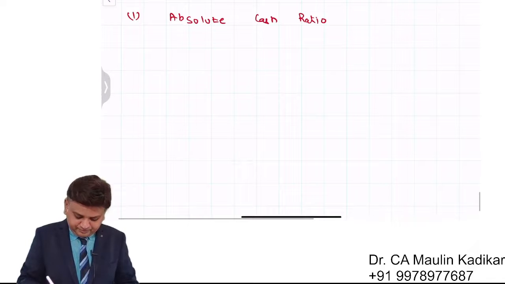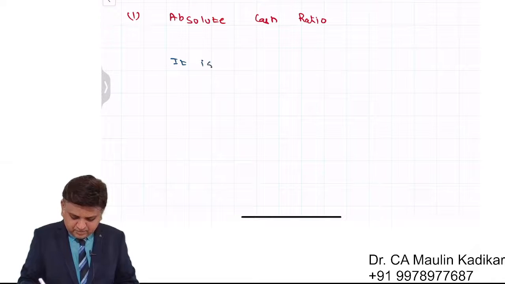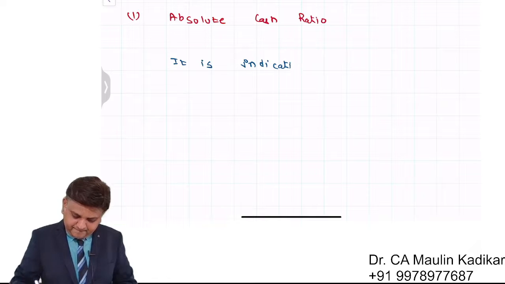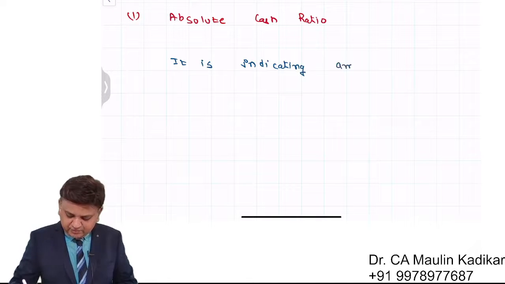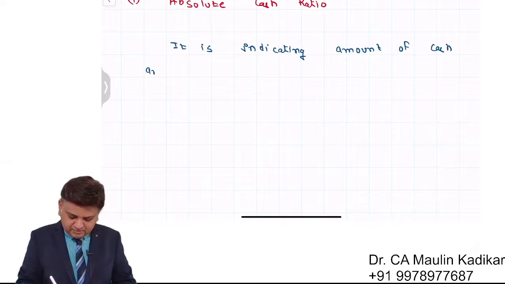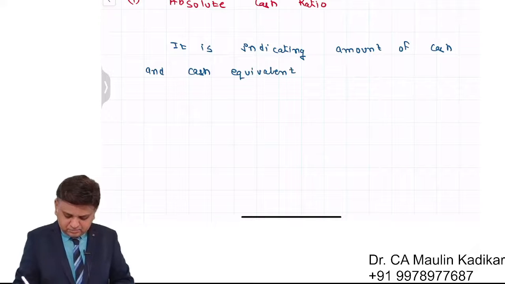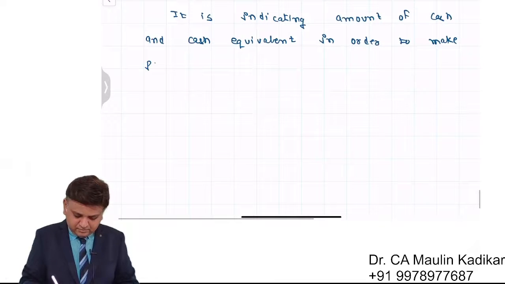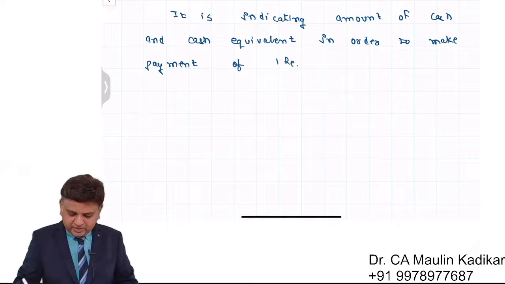In the breakdown, it is indicating the amount of cash and cash equivalent in order to make payment of 1 rupee of current liability.